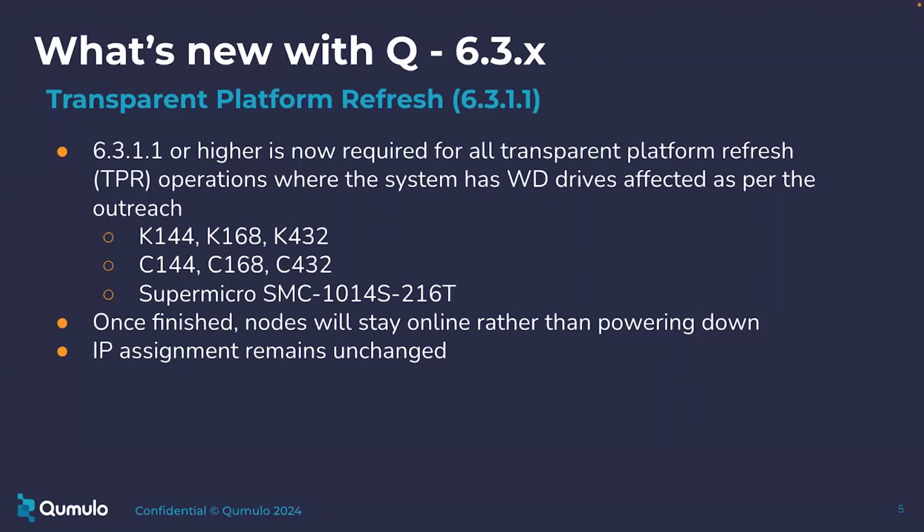Now, for those of you not familiar, the transparent platform refresh is where you will buy new nodes, and we will basically move your data from your existing nodes over to those new ones, so you no longer have to worry about what we love to call, in the storage realm of the older years, forklift migrations, where you bring in some new stuff on pallets and spend weeks on end moving things over. This happens all in the background. Again, we do just want you to be on 6.3.1.1 or higher due to drive types that are out there.